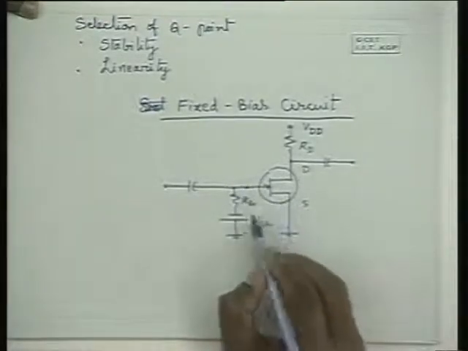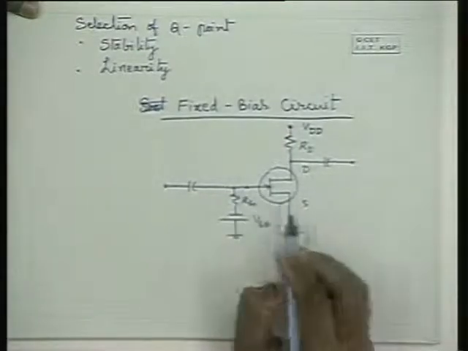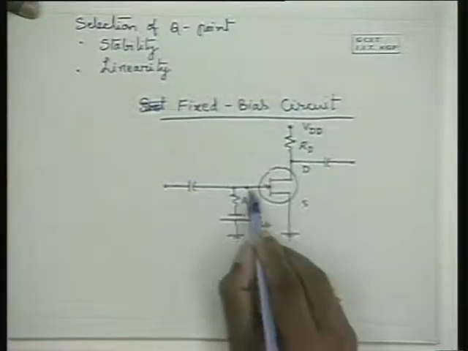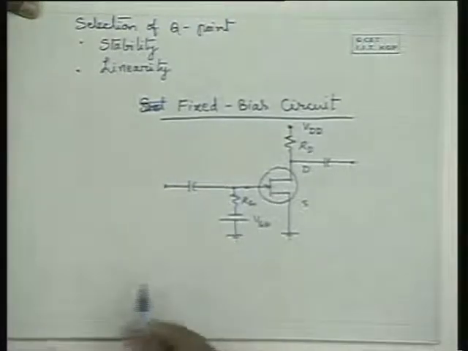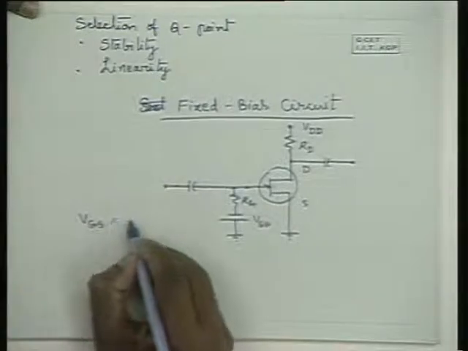If that current is 0, please note that if you look at this junction, the gate to source potential is equal to minus VGG itself.